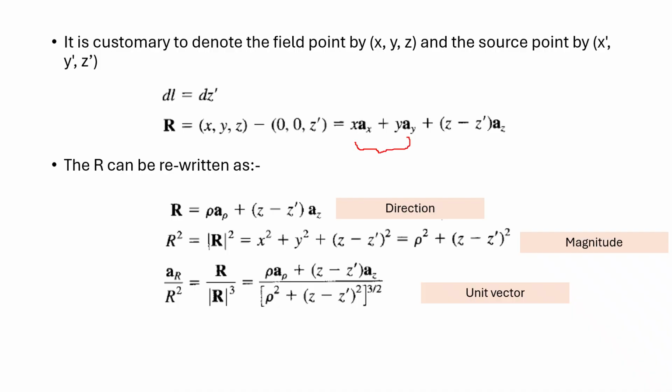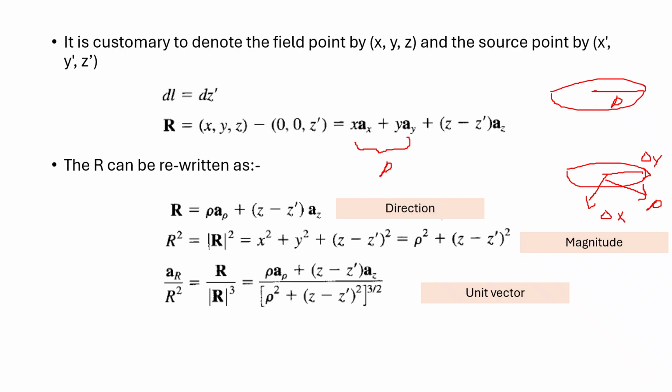So x and y are given by this cylinder rho. Because at the top surface and at the bottom surface, you have the x coordinate and the y coordinate, where the resultant forms the radius rho. Similarly at the top surface, it forms the coordinate rho with the resultant from the x axis and also the resultant from the y axis.